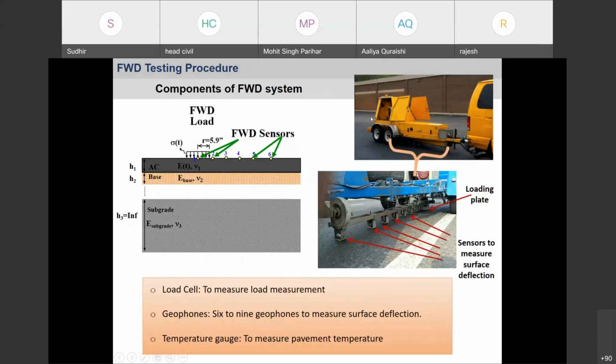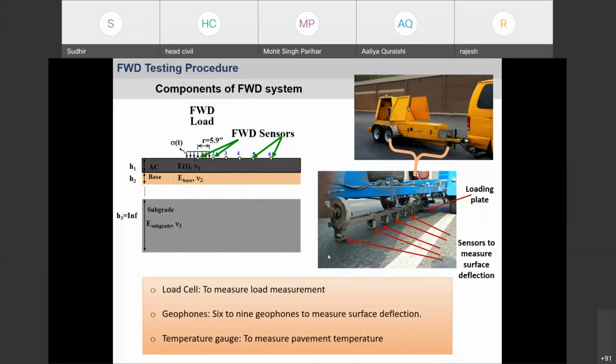There is a test setup in which there is a loading plate which has a load cell. So the load is applied through this loading plate and measured through the load cell.